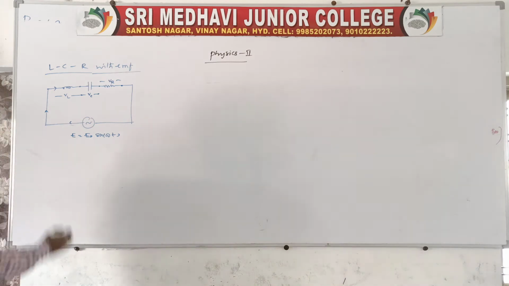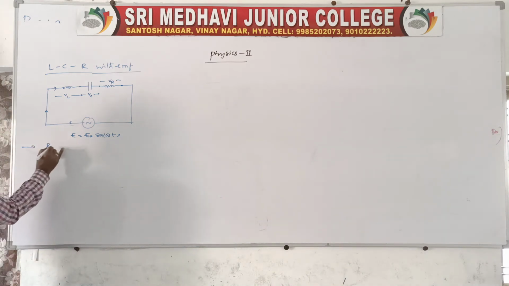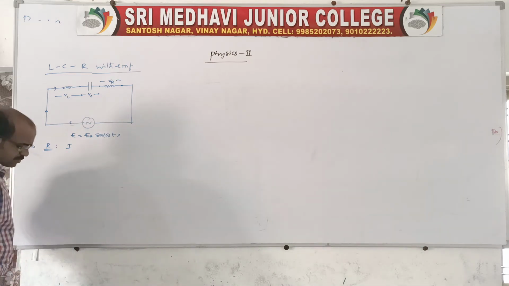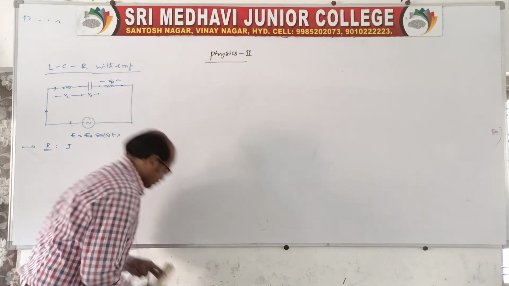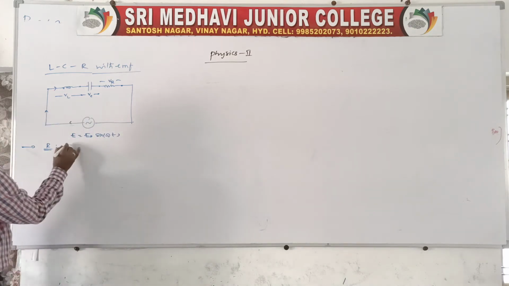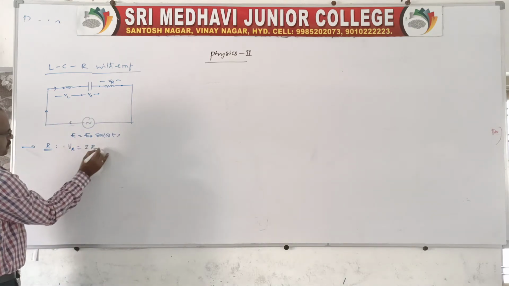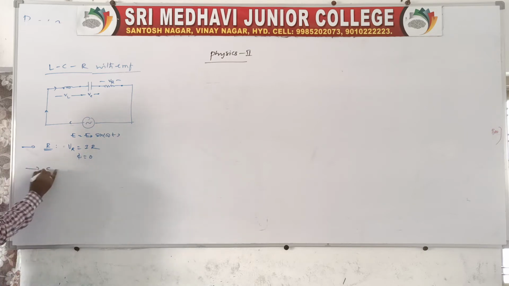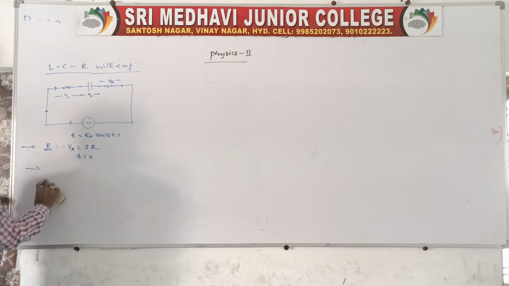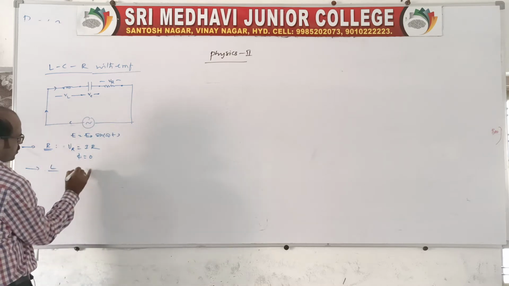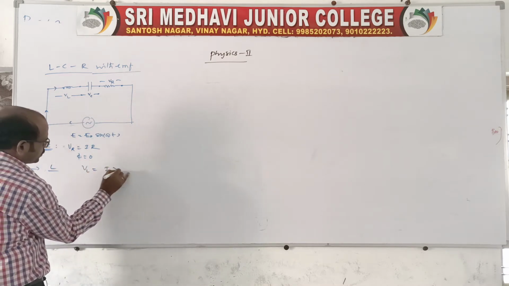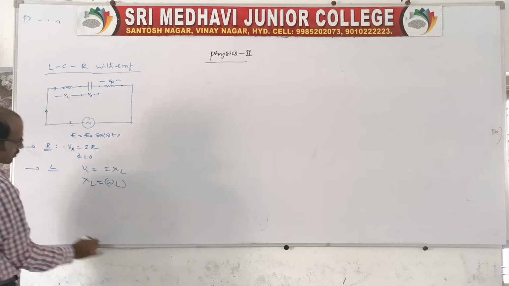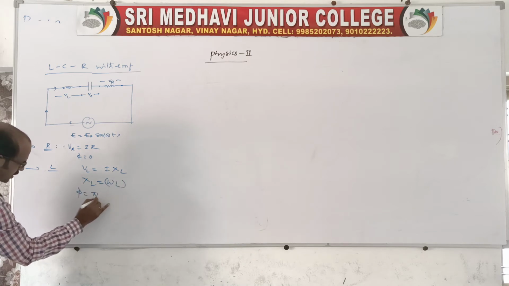Now let us go first for the individual resistance R. Here VR is equal to I into R, and in this the phase angle is 0. For the inductive circuit, VL is equal to I into XL, where XL is nothing but omega L, and the phase angle is pi by 2.